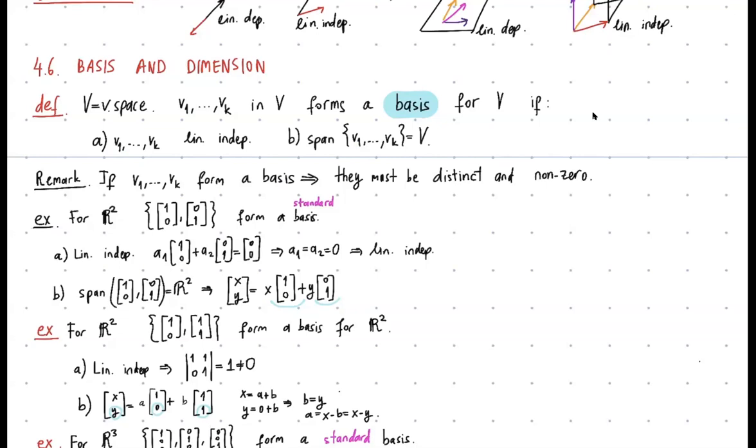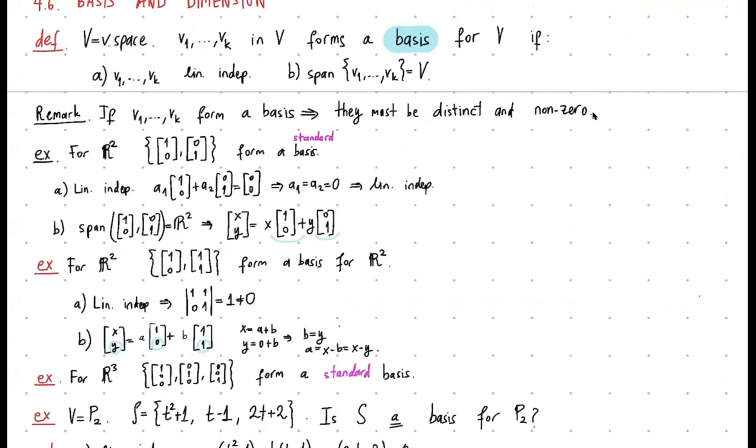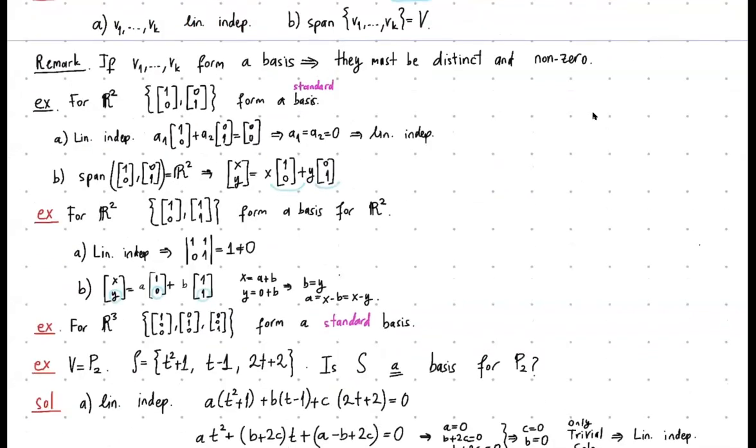And then we looked for bases of some vector spaces. So the standard basis for R2 is these two vectors, because you can write any vector using these two vectors, right? This is the i vector, this is the j vector. So in R2, in the plane, you can write any vector by using these two vectors. And you cannot remove any of these vectors.